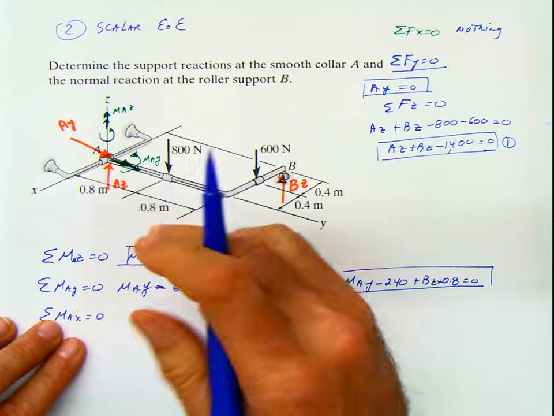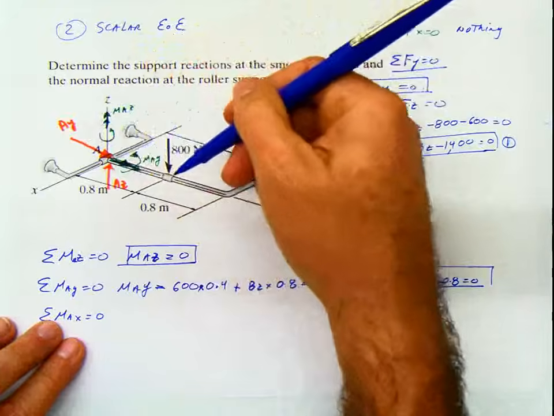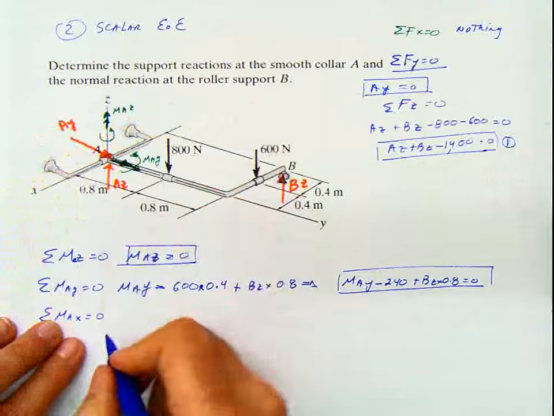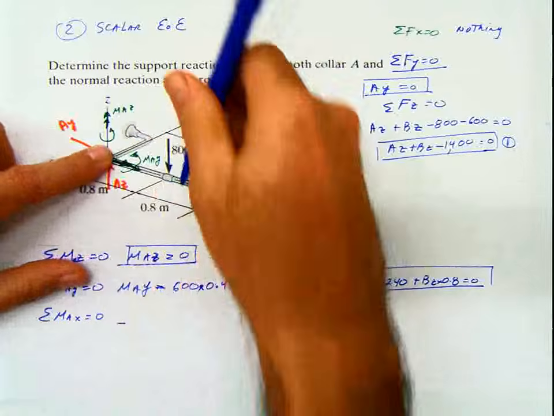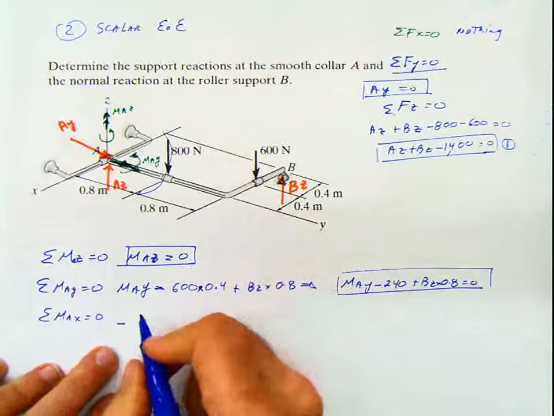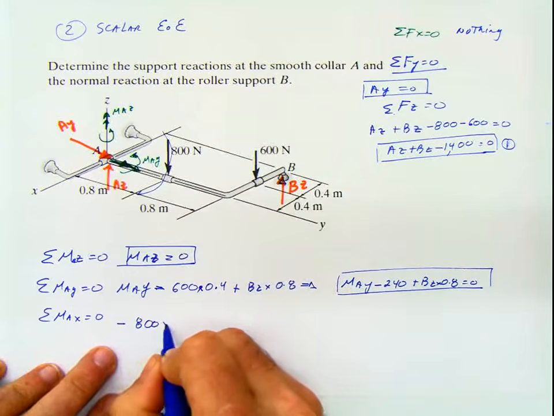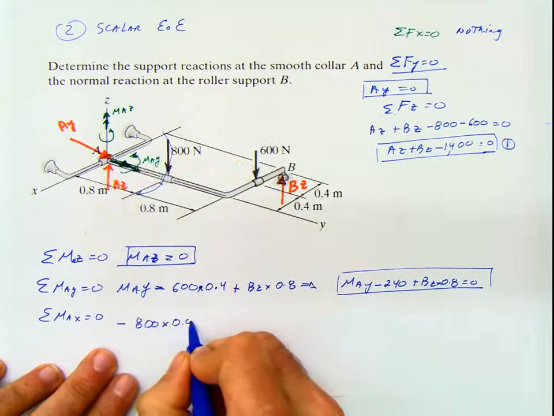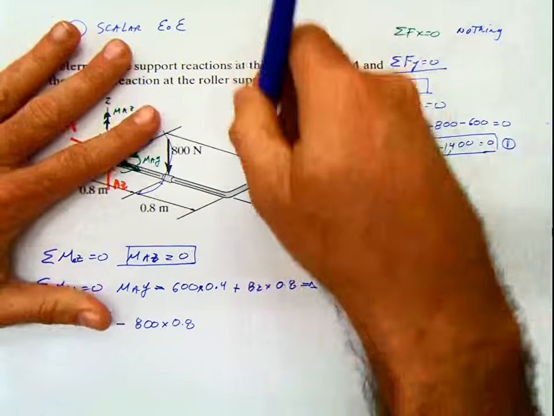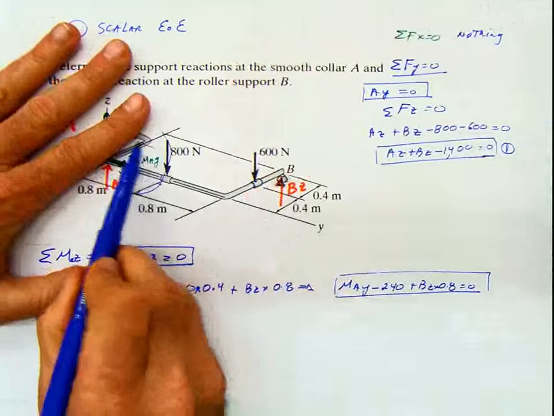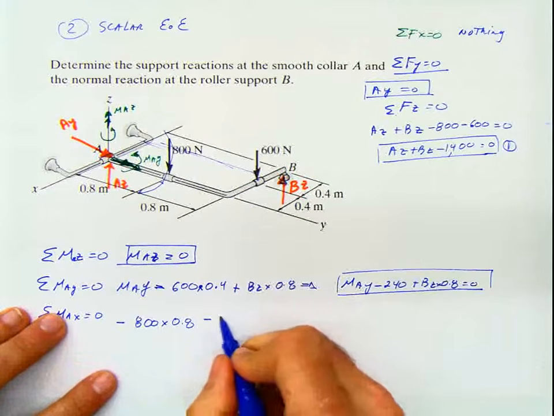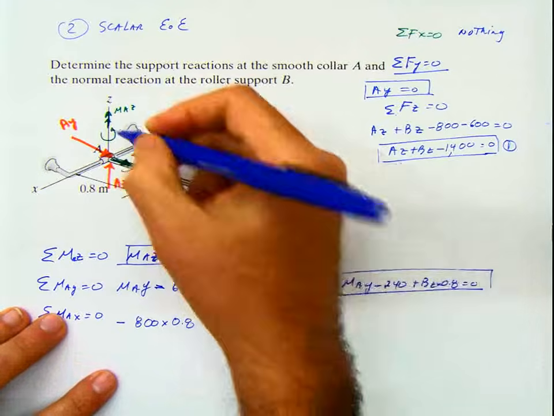So if I start with summation of moments in x, I don't have any moment here. This force is producing a moment about x, and it's going to be negative, because if I apply this, the rotation is going inwards. So negative 800 multiplied times the distance, which is 0.8. Now this one here is also producing a rotation, and it's negative 600 multiplied by this distance, which is 1.6.